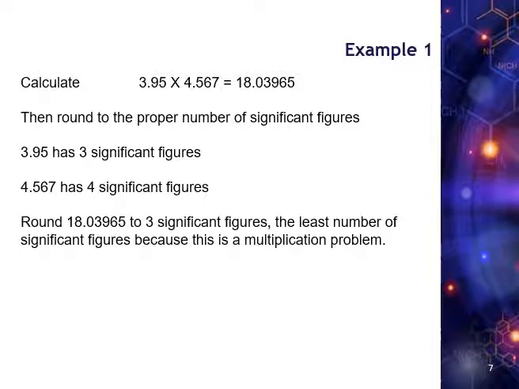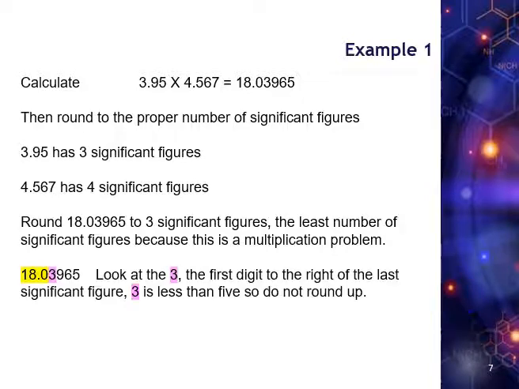Round 18.03965 to 3 significant figures, the least number of significant figures, because this is a multiplication problem. Look at the 3, the first digit to the right of the last significant figure. 3 is less than 5, so do not round up. The correct answer would be 18.0.